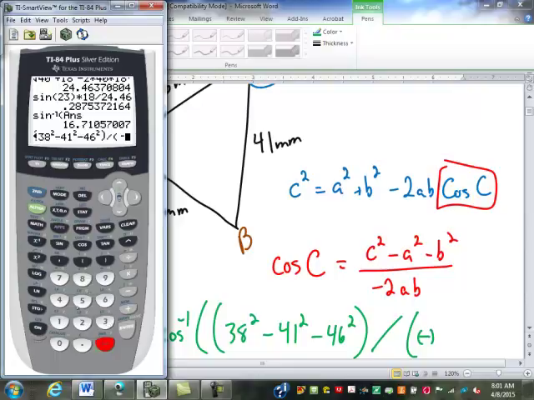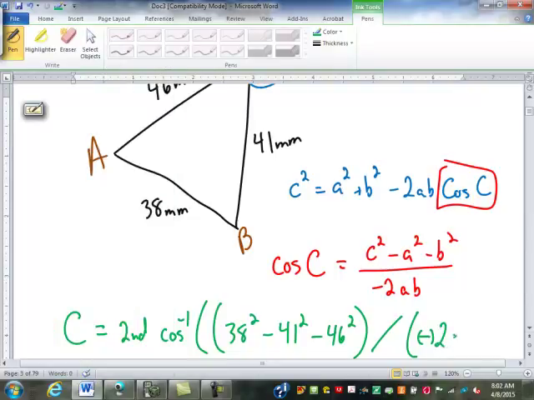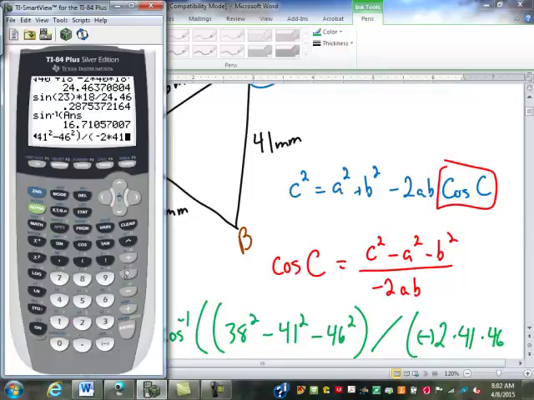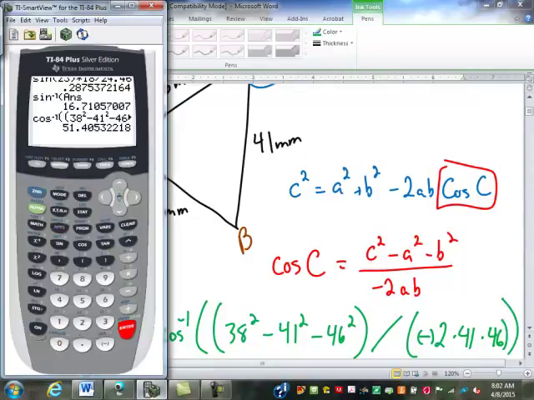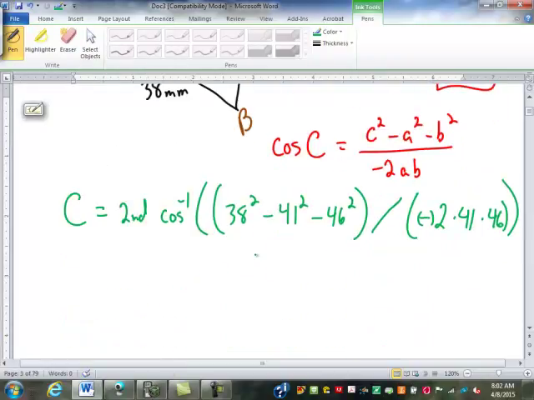It'll be negative 2 times A, which is 41, times B, which is 46. Then you've got to close the parentheses twice. And hit equals, and it gives you 51.41. I'll leave it right there for you.